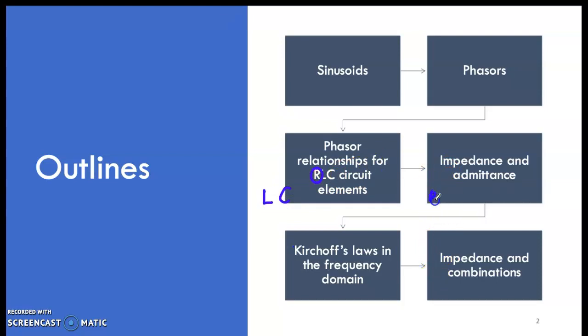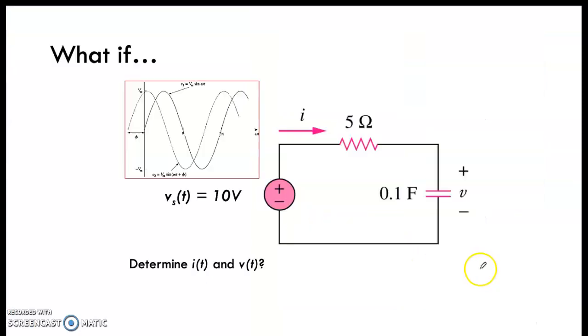All these elements, R, L, and C, you are going to analyze in terms of what we call impedance or admittance, and then you are going to apply Kirchhoff's laws, KCL and KVL, in the frequency domain in the combination of R, L, and C in the circuits.